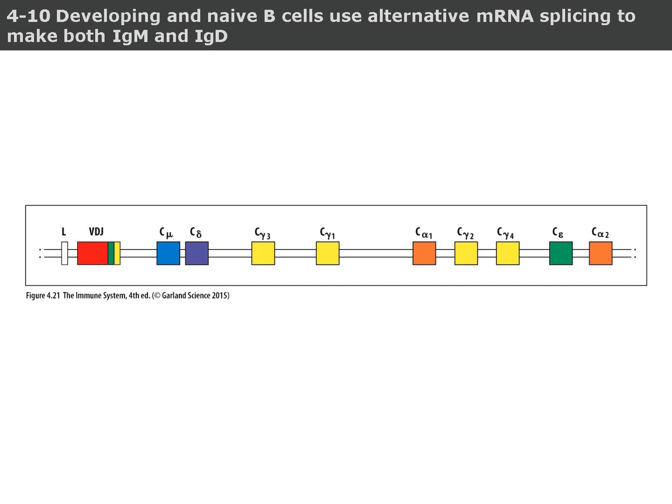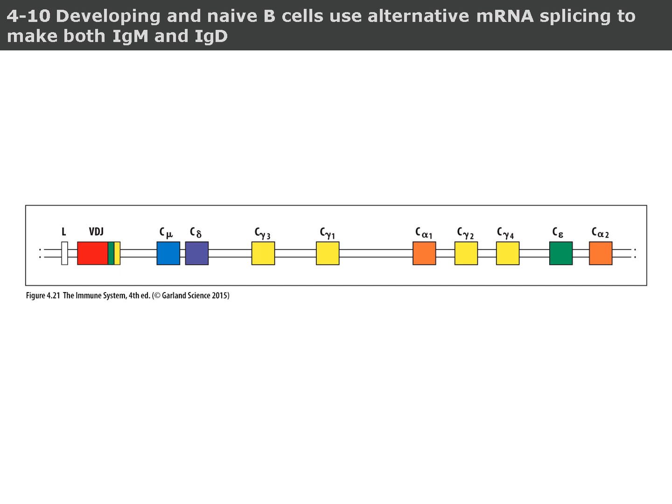This is shown here as the VDJ segment, located immediately downstream of the leader sequence. The constant region gene segments, which follow the VDJ region, determine the class of the antibody. The first two constant region gene segments encode immunoglobulin M and immunoglobulin D, shown here in blue and purple.